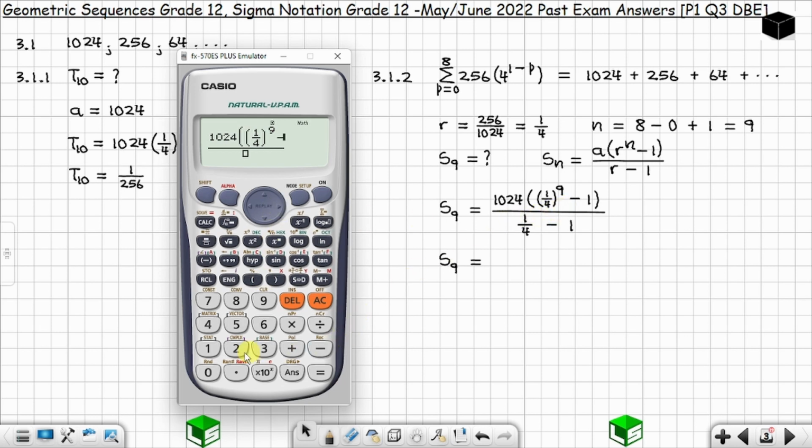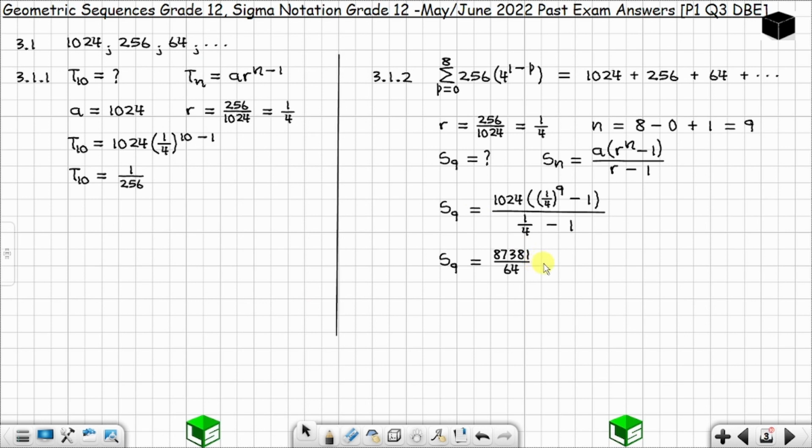Minus 1, over 1 over 4 minus 1, and this is equal to 87,381 over 64, like this. Okay, you can also get it in decimal. What is this equal to? When you check it on the calculator, it will be 1,365.33.